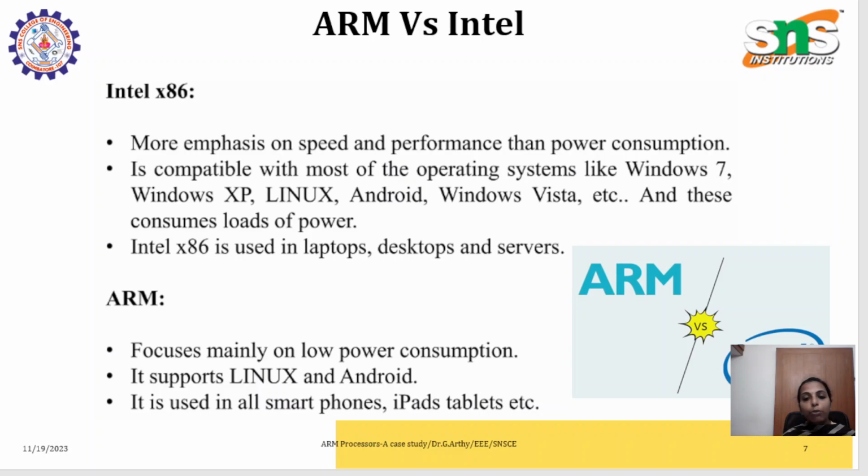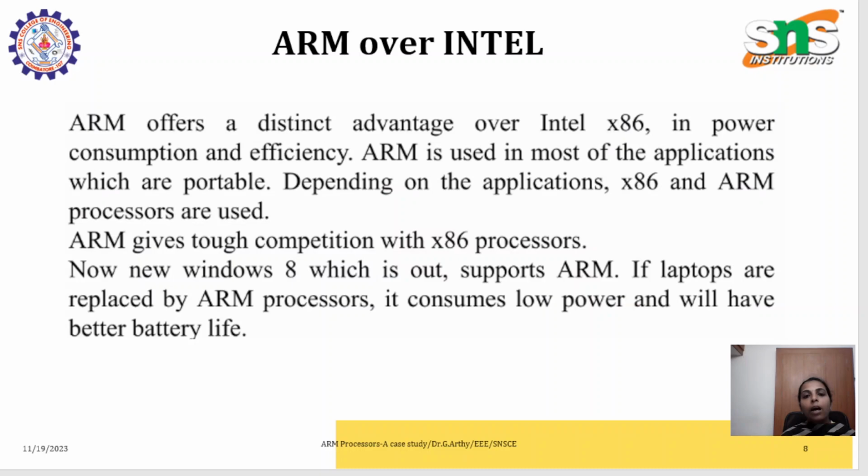It is used in smartphones, iPads, tablets, all the portable devices as well as wearable devices, because the power consumption is very low in the case of ARM. If it is a portable device, we are more concerned about the battery life, and so ARM became a success. ARM offers a distinct advantage over Intel x86 in power consumption and efficiency. ARM is used in most of the portable applications, as we discussed earlier. This became tough competition for the Intel x86 processors. And moreover, ARM is compatible too.